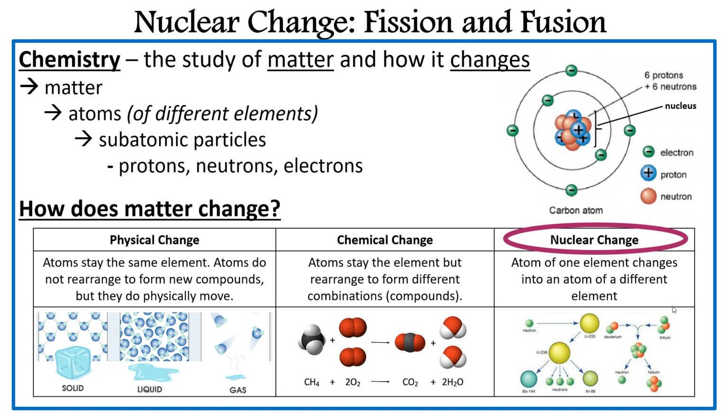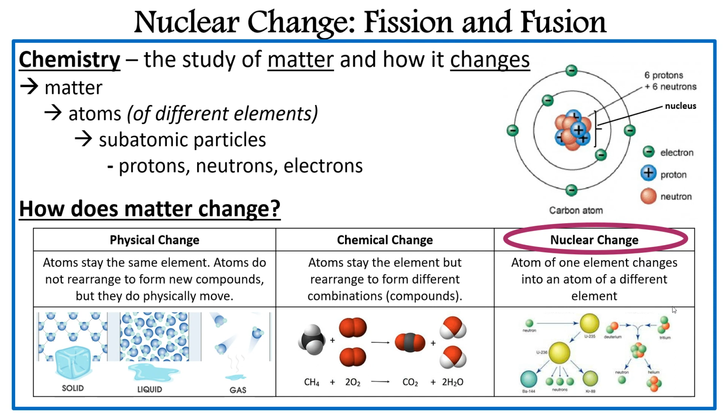So, what we're going to do right now is take time to really zoom out and look at the big picture of how nuclear change fits into our understanding of chemistry, so that it has a good place to live in your brain and it's connected to other things instead of just being this lost cloud of details.